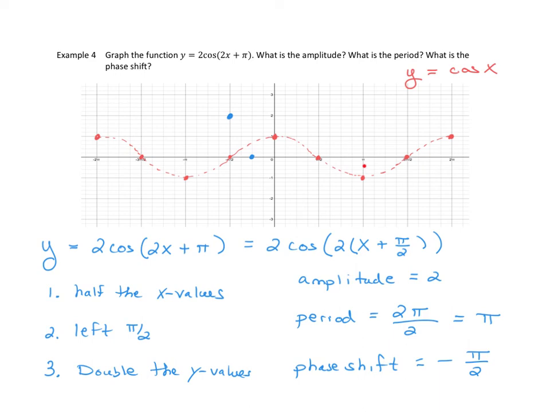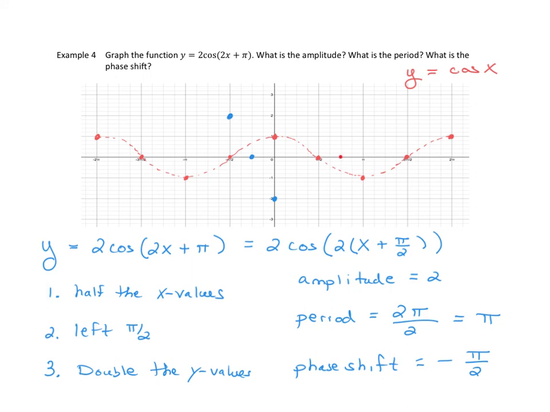Okay, about this point. So first, I take half of the x value, so I go to pi over 2. I then do a phase shift to the left by pi over 2. I multiply the y value by 2, and it goes to -2. Okay, for this point, if I do half of the x value, I go to 3 pi over 4.